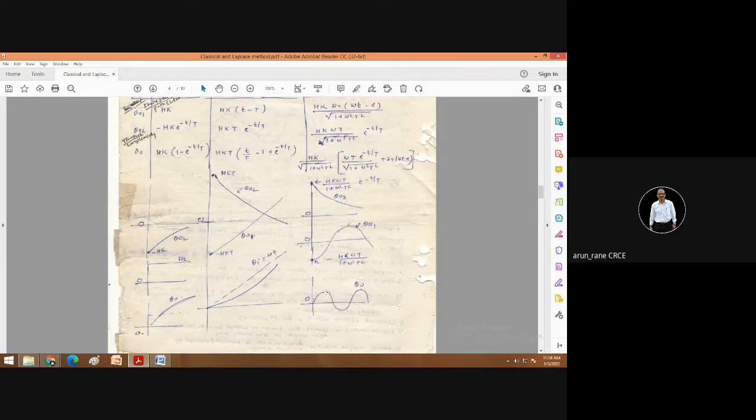So at any given time t, you can calculate the error. Suppose I want to find the error at this point. I draw a line here, so this portion will be the error. This portion will be the error. So this is the advantage of the graphical representation.